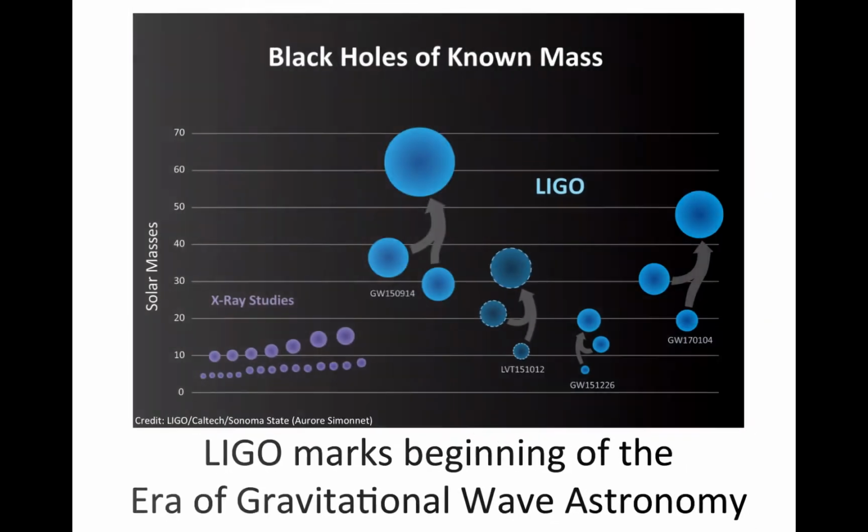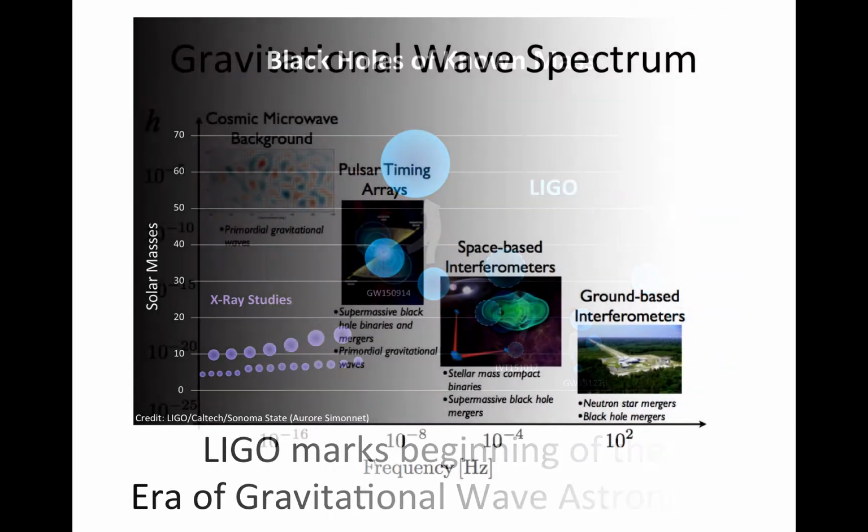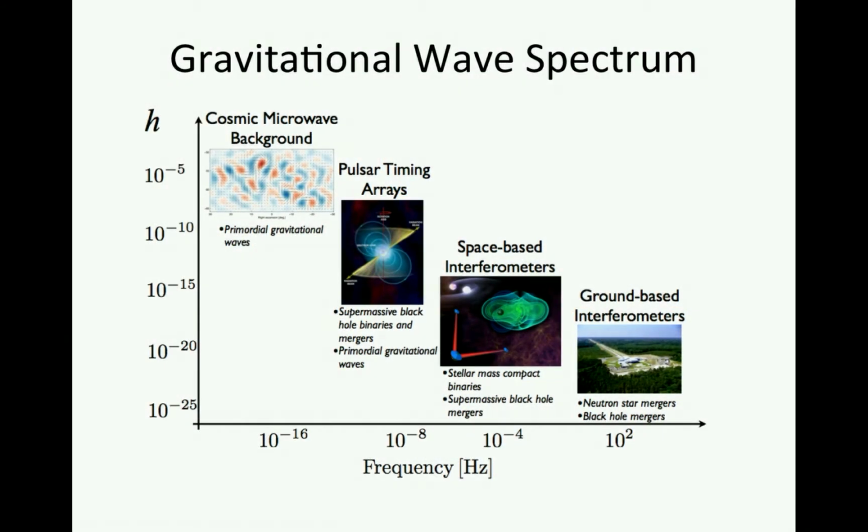Thanks to the incredible Nobel Prize-winning discovery of merging black holes by the LIGO collaboration, the era of gravitational wave astronomy has begun. Here I'm showing a plot of the masses of known black holes, both through gravitational wave observations and X-ray studies. The gravitational wave spectrum spans many orders of gravitational wave frequency, which is shown on the x-axis in this plot.